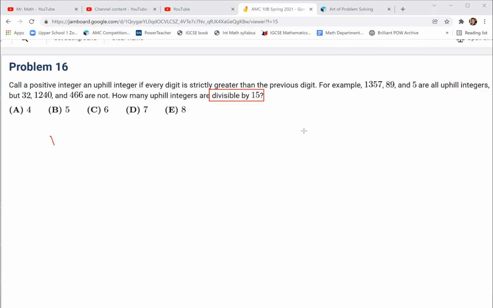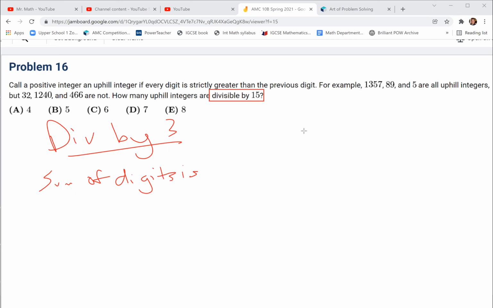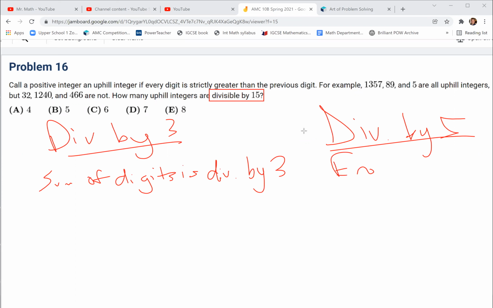How do we know if a number is divisible by 3? A number is divisible by 3 if the sum of its digits is divisible by 3, right? What about divisibility by 5? Well, divisibility by 5 means the number ends in a 0 or a 5.